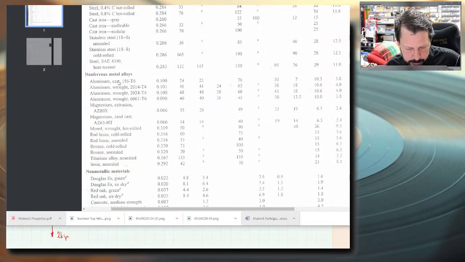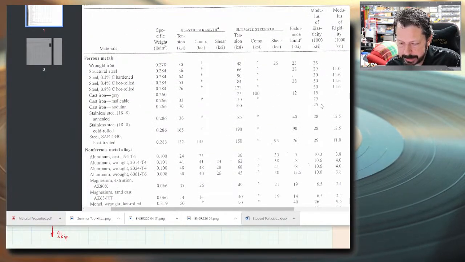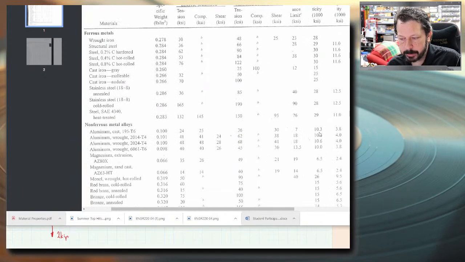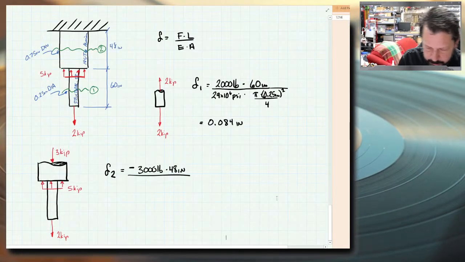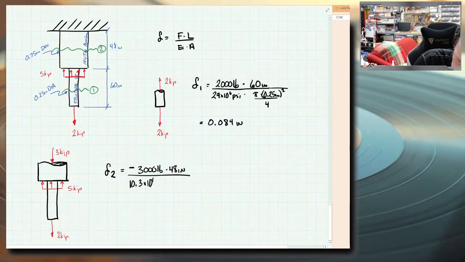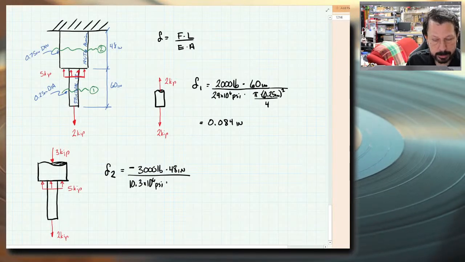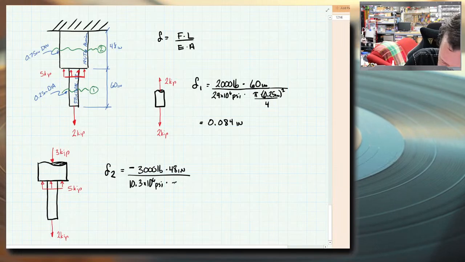Let's find it out. 10.3 thousand ksi, so 10.3 million psi, or 10.3 times 10 to the 6th psi. And its cross-sectional area, it has a larger diameter, so pi d squared over 4, where d is 3/4 of an inch.